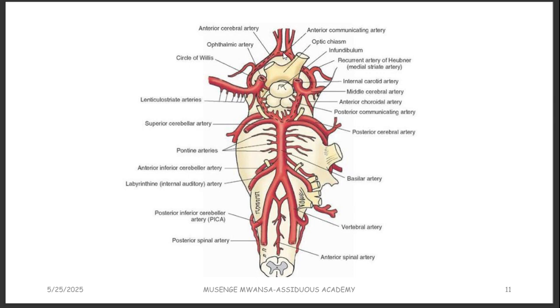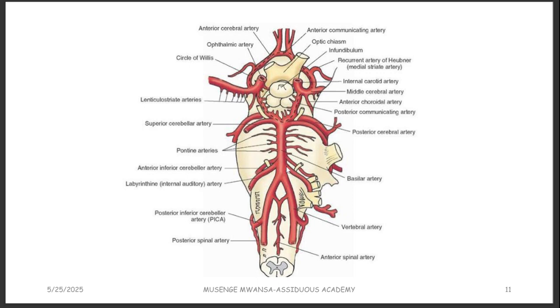On top, you are going to have the midbrain. So you can see the vertebral arteries, two of them, and then they're giving you a branch here, which is the anterior spinal. And then again, you're having two branches coming out from the sides, that is posterior inferior cerebellar, that's PICA, to supply the cerebellum.